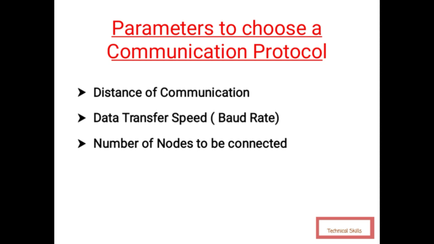So our communication protocol should be strong enough so that it can transmit and receive so much data simultaneously. So these are the 3 points that we have to keep in mind while choosing a communication protocol. So let's move to next slide.